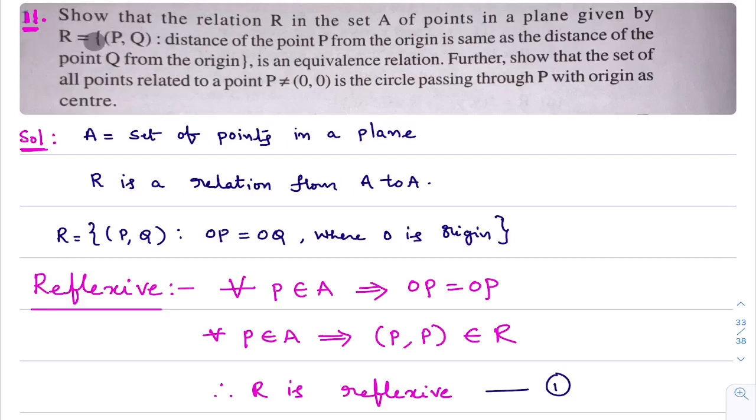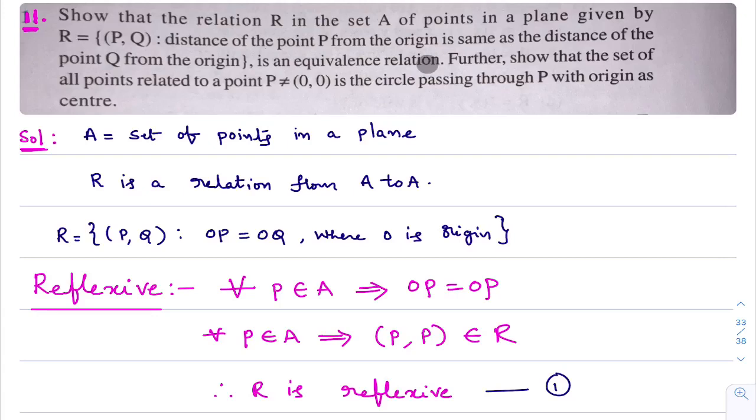The ordered pair P comma Q says that the distance of the point P from origin, OP, is the same as the distance of the point Q from origin. That means when OP equals OQ, the distance from O to P is the same as O to Q, then the ordered pair P comma Q belongs to this relation. The relation is defined like that.